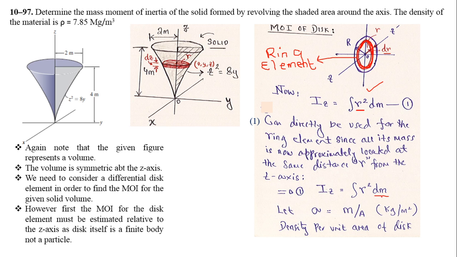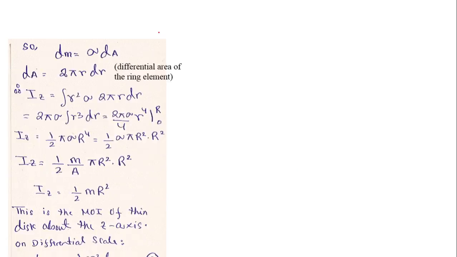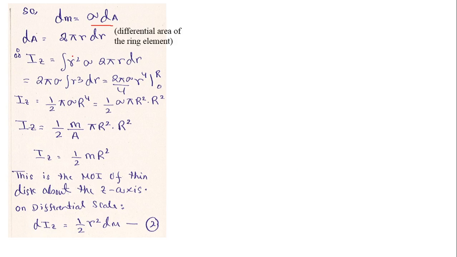So in place of dm we have substituted sigma dA, and in place of dA we have substituted the differential area of the ring element that we are using to approximate the moment of inertia of the disk. It is 2 pi r dr. So r square sigma 2 pi r dr. Okay, so everything is constant, this sigma 2 pi, so we have integral r cube dr, that gives us r4 upon 4, and we are going to integrate between 0 and R, because this capital R was the radius of the disk.